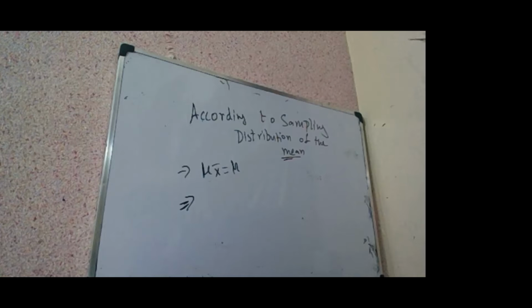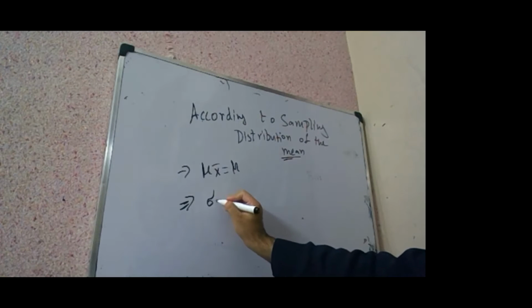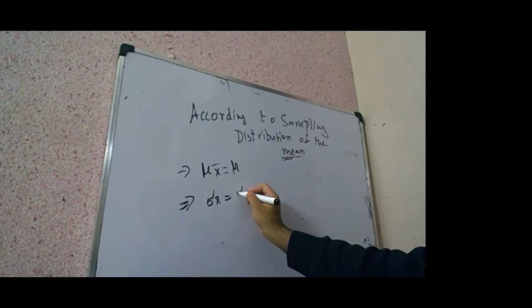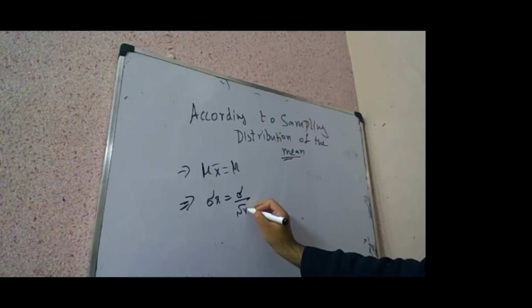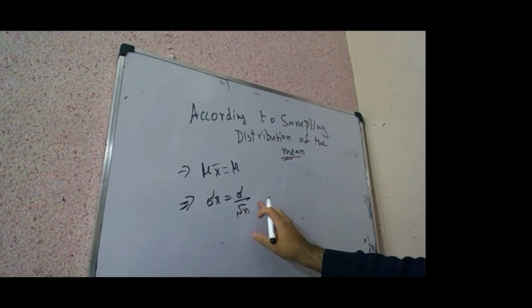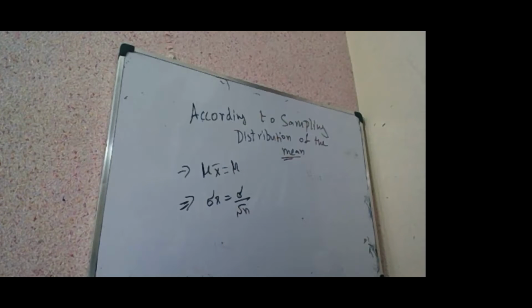Whereas the second thing, sigma x bar is biased. That is, sigma x bar is not equal to sigma, it's equal to sigma upon under root n. Remember this from the last lesson? So this is biased. It's not unbiased. Unbiased would be equal to sigma.